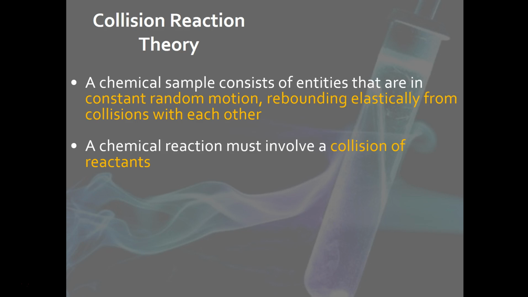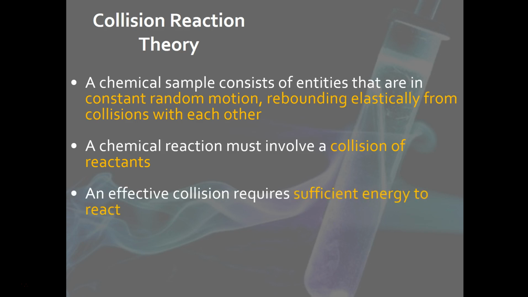A chemical reaction must always involve the collision of reactants. So, methane and oxygen have to collide in order for a reaction to happen. And during that collision, we have to have sufficient energy in order for the reaction to occur. Like I said, methane and oxygen are not going to automatically just combust together.